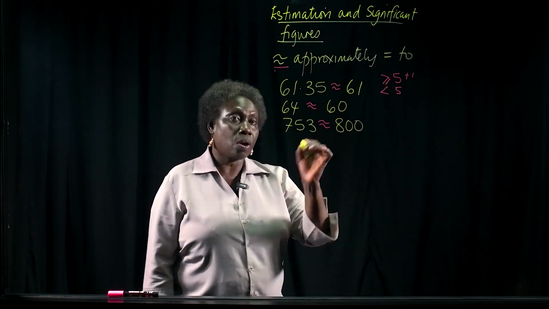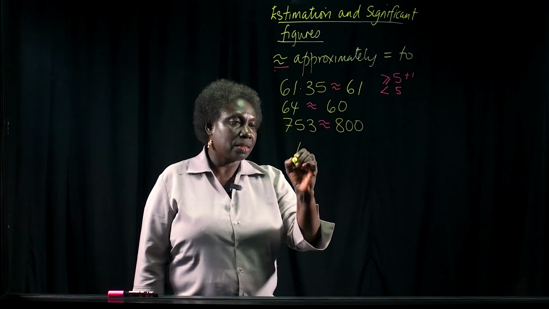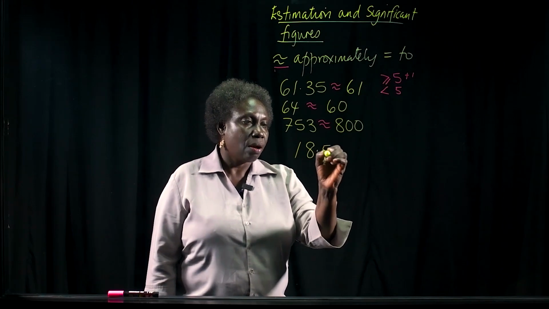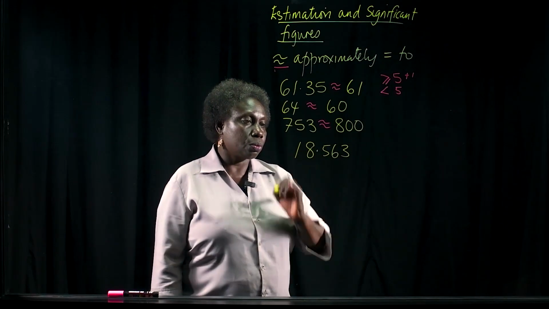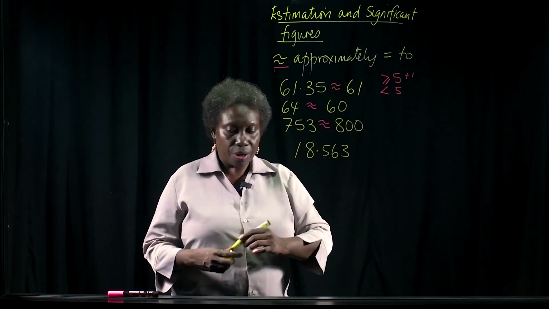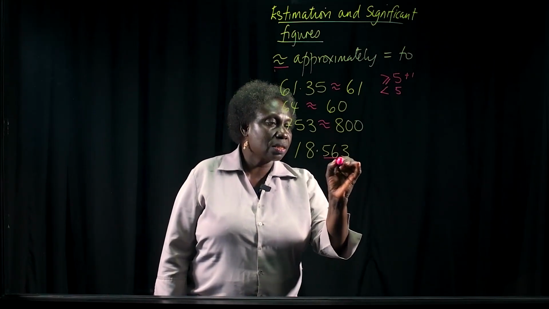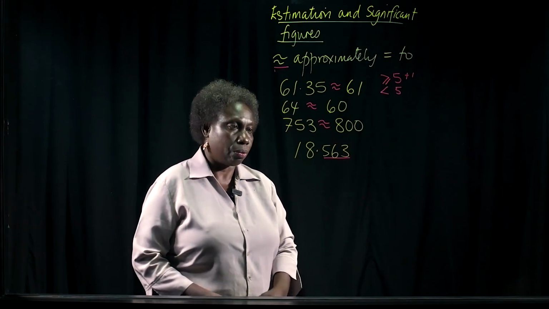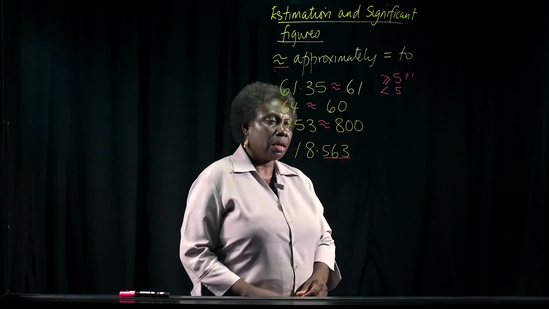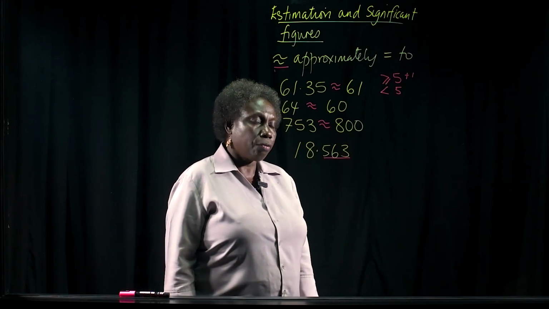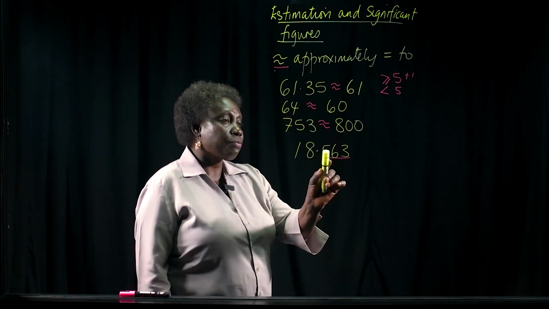Now, we can also round off decimal numbers to the correct number of decimal places required. Let's look at an example. We have 18.563, correct to 2 decimal places. Again, we are going to look at the digits after the decimal point. We concentrate on the 2 digits 5, 6.